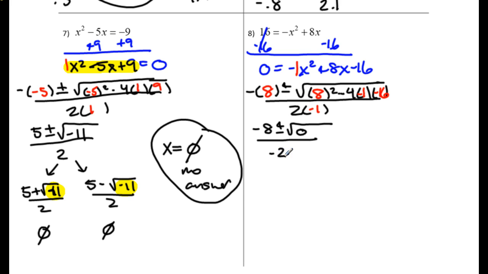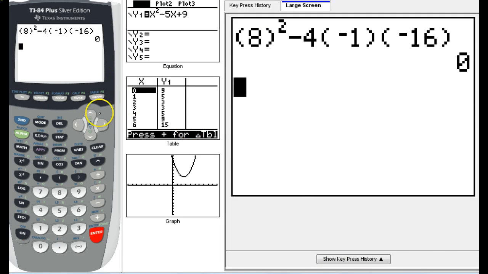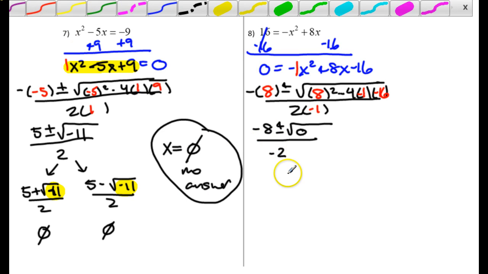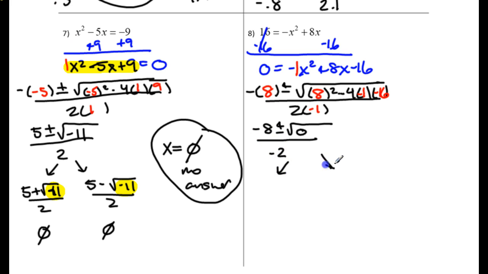Let me double check something here. It's 4, negative 1, negative 16. Alright, so now let's go ahead and simplify the quadratic formula. If I split it into 2, I'm going to have negative 8 plus the square root of 0 over negative 2, and negative 8 minus the square root of 0 over negative 2.